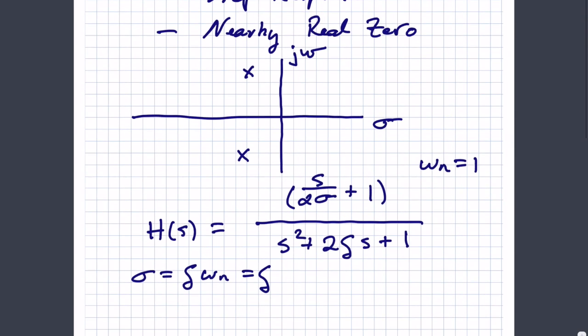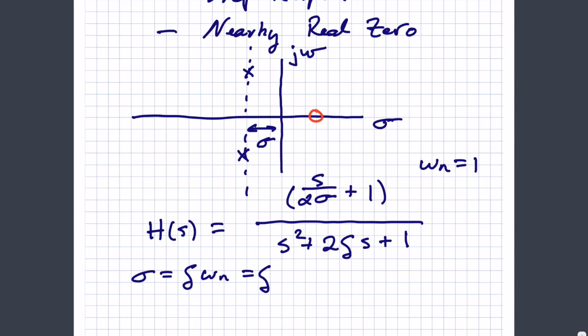So effectively what we're doing is drawing a line here looking at this distance sigma, and when alpha is equal to 1, we're going to have a zero right here at sigma. But when alpha is equal to, say, minus 1, that would put it over here in the right half plane.